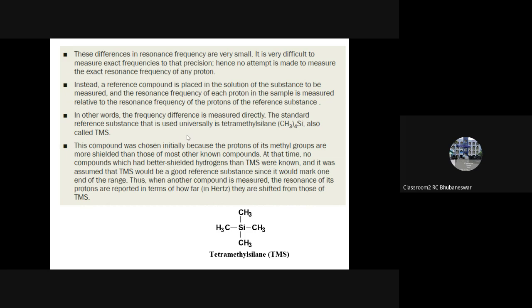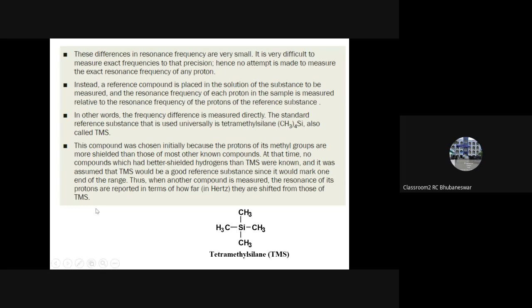The resonance frequency of each proton in the sample is measured relative to the resonance frequency of the protons of the reference substance. In other words, the frequency difference is measured directly, and the standard reference substance used universally is TMS.